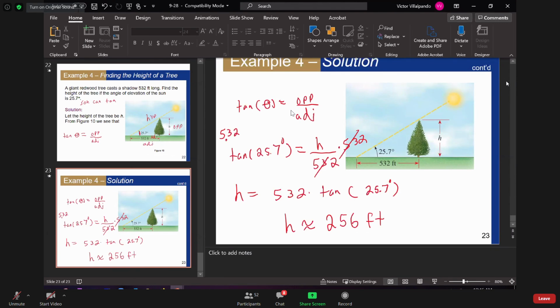And that's the last slide we have here too. So now we should be able to finish off the homework. It's not too difficult. It's just dealing with those six trigonometric ratios and plugging in what you have. Therefore, the height of the tree is about 256 because we approximate it.